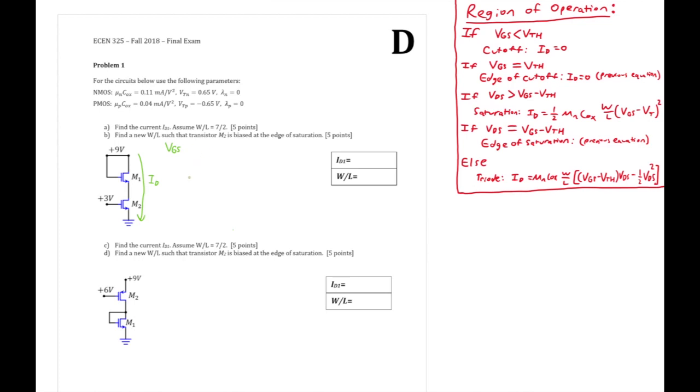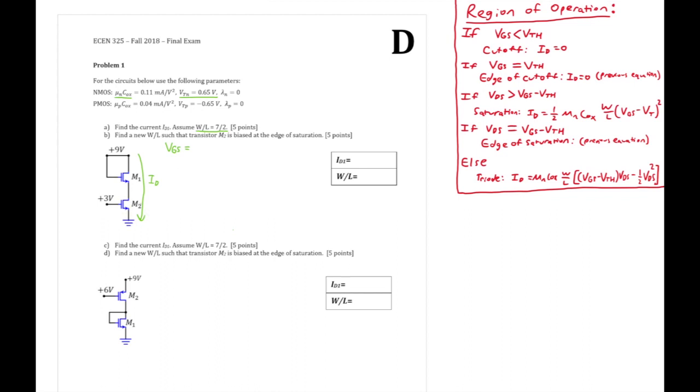Okay, so then, on top of that, our NMOS mu-naught COX value is the same for both transistors. Our VTH value is the same, and our W over L value is the same. And so this means that our VGS values have to be the same for both transistors.